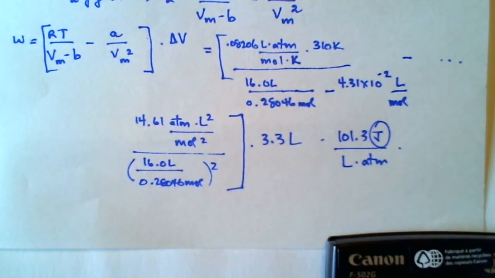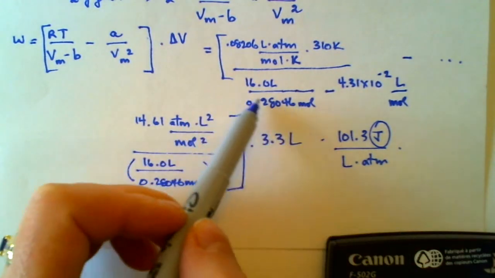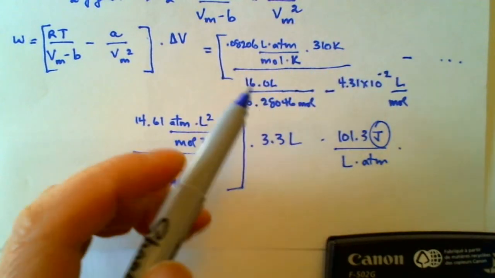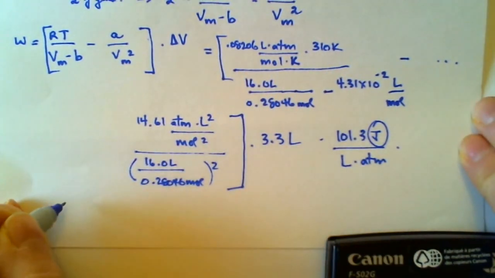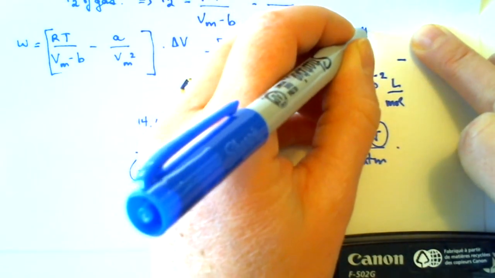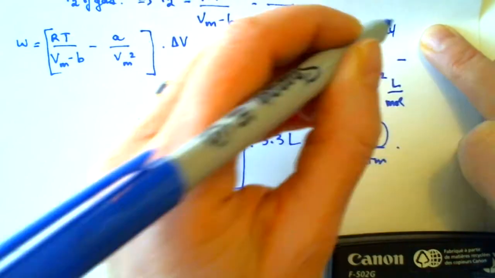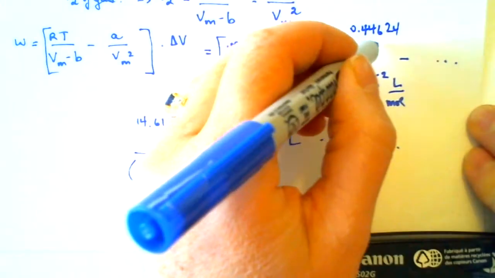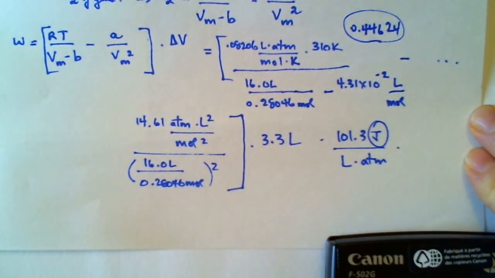I'm going to take the reciprocal of that and then multiply it by 0.08206. It just allows me to keep going with the calculator. And multiply again by 310. Okay, so this whole first term, I'm just going to jot it down up here, is 0.44624. That's that whole first term.